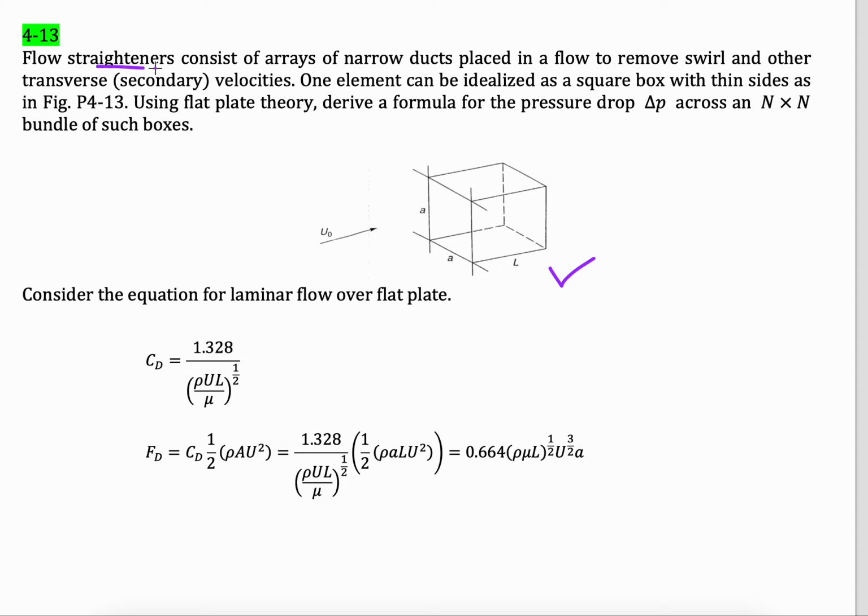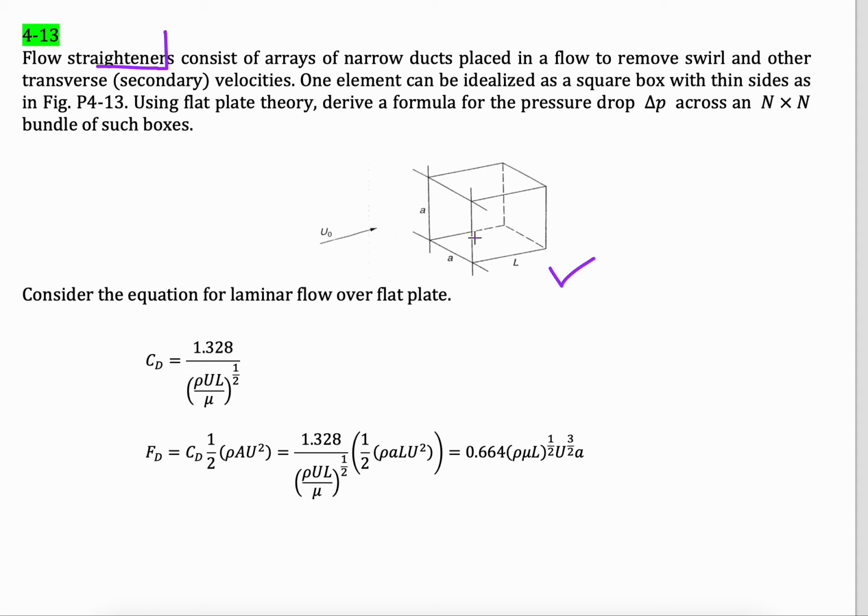Another term that is normally used for a flow straightener is the honeycomb. For somebody who does experiments using a water tunnel or wind tunnel, we need to make sure that the flow inside the tunnel is straight, so we use the flow straightener. The flow straightener, or the honeycomb, is an arrangement of small boxes like this to make sure that the flow is straight.